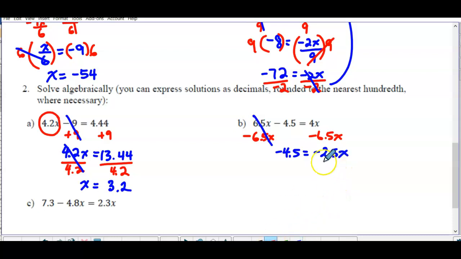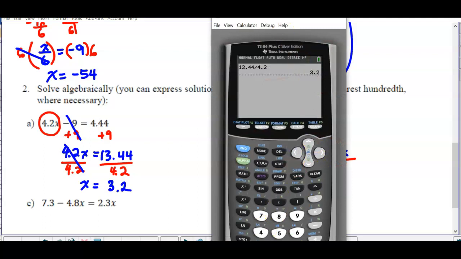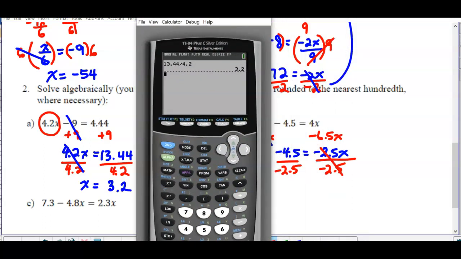And then you want to divide by the coefficient of x. Those divide out, and then if you're not sure what this ends up being, get out your calculator, negative 4.5 divided by negative 2.5. You don't even need to put the negatives in. A negative divided by negative is a positive. And then you get 1.8.